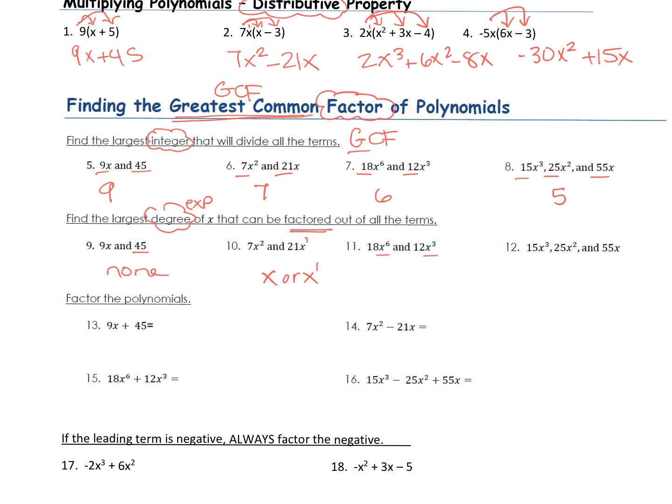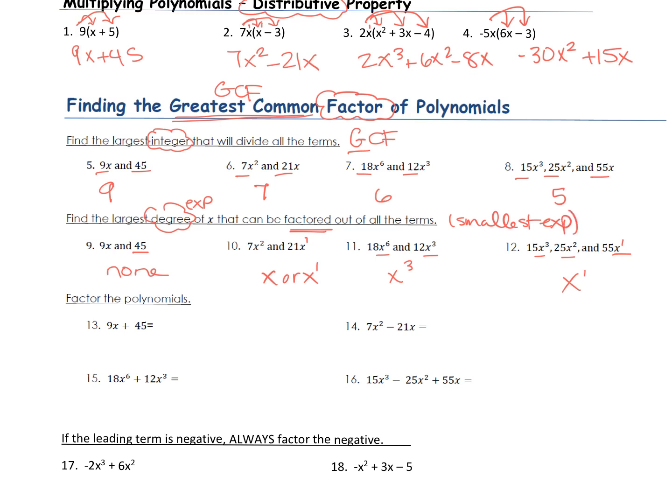So the GCF here would be x to the third. I could divide both those by x to the third. And I have an x to the third, x squared, and an x to the first. So the GCF would be x to the first here. Again, you're looking for the smallest exponent.